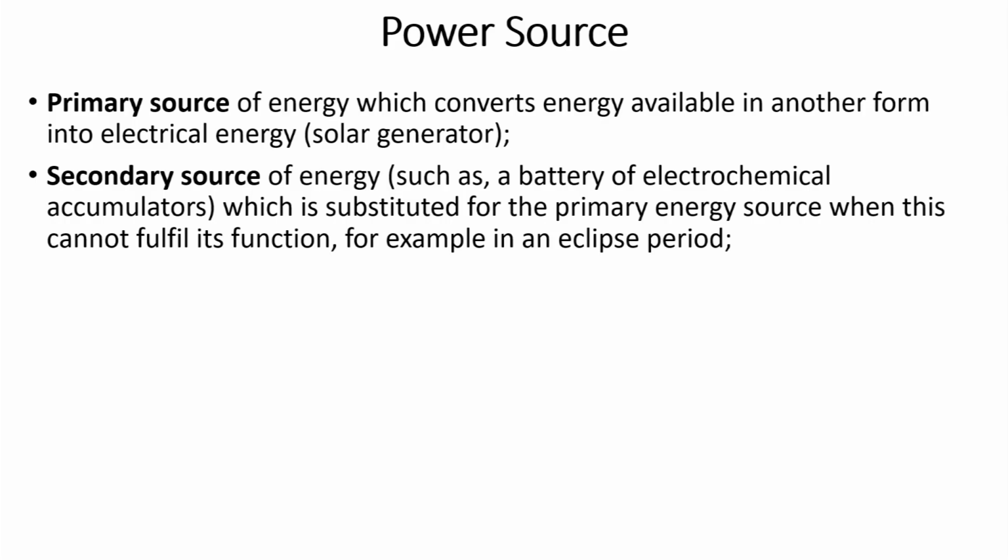For example, in an eclipse period. These batteries are also used as the primary source before the deployment of the solar cells. Whenever the solar cells are not deployed, just after the injection of the satellite into the orbit, the batteries act as the primary source, and they also act as a primary source during the eclipse time.